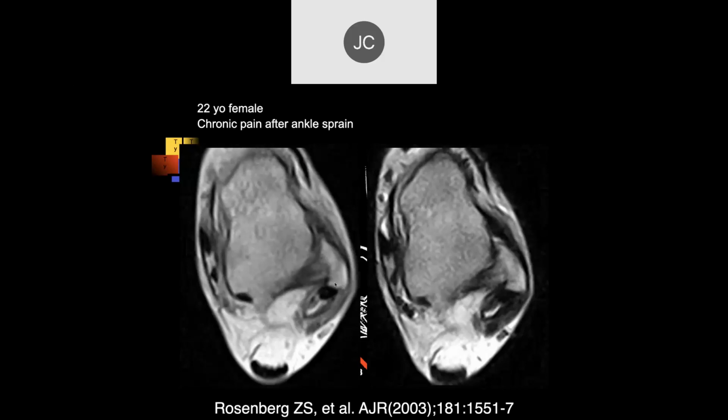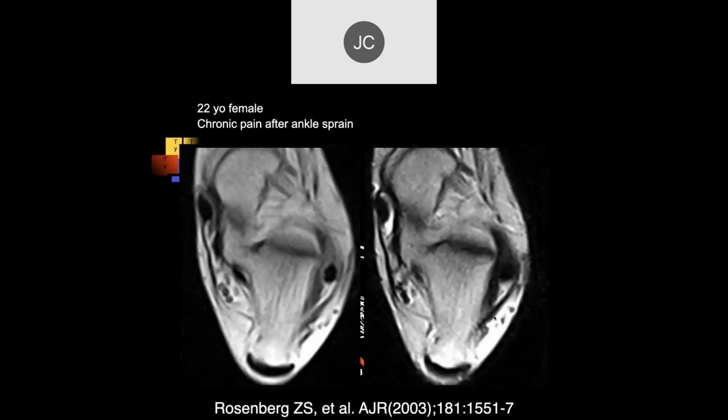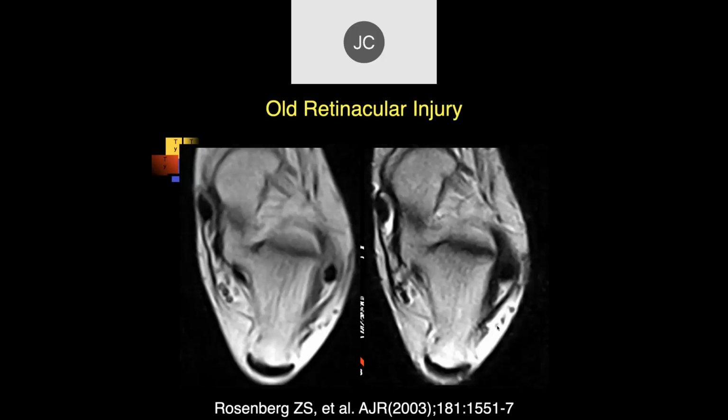The tendons are here posterior to the lateral malleolus. We can come down further here, and we can see marked thickening of that lateral retinaculum. Then going more inferiorly, it's looking a little more normal. This was an old retinacular injury that healed with scarring, but that can actually produce chronic symptoms with pressure impingement on the peroneal tendons.